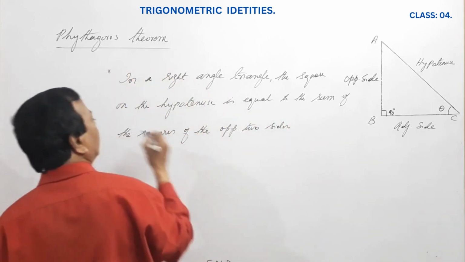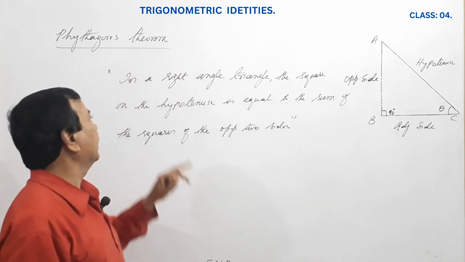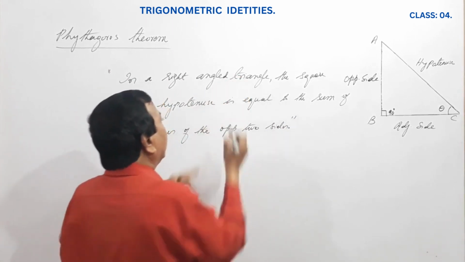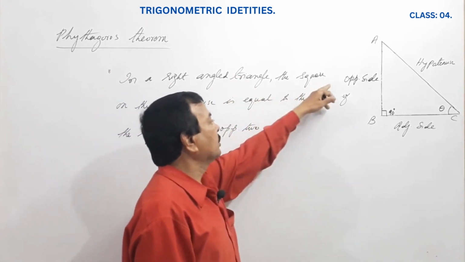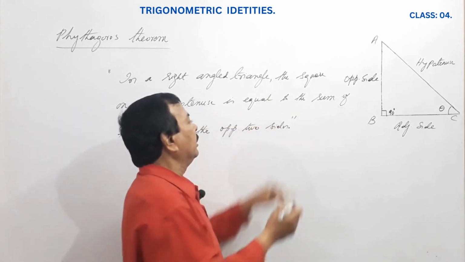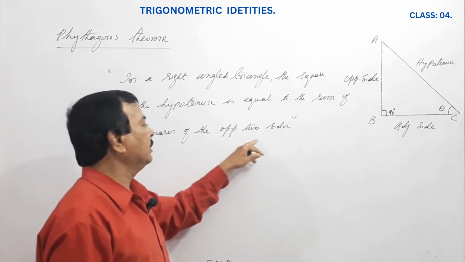So Pythagoras theorem states that in the right angle triangle, the square on the hypotenuse is equal to the sum of the squares of the opposite two sides.